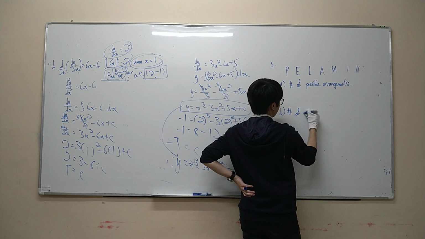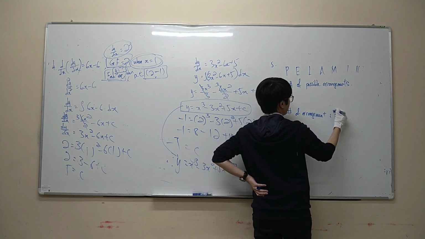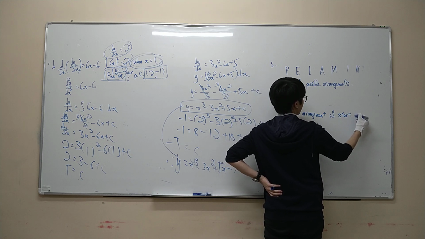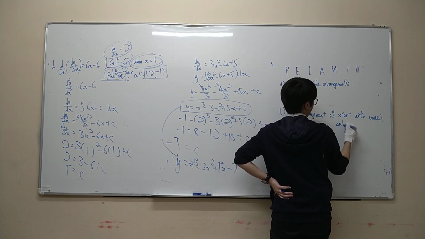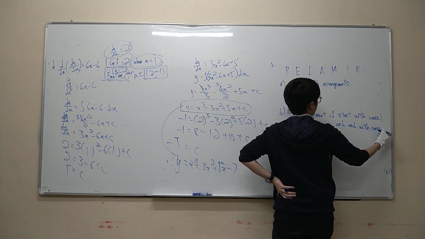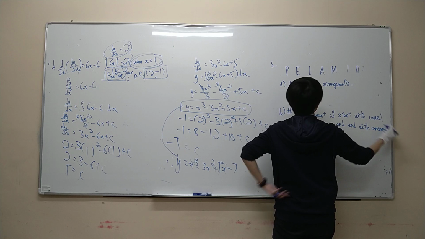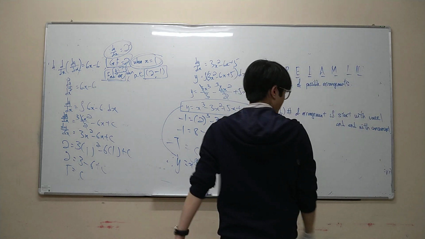So, number of arrangements if they start with a vowel and with a consonant. First of all, how many letters? 1, 2, 3, 4, 5, 6, 7. There are 7 letters.